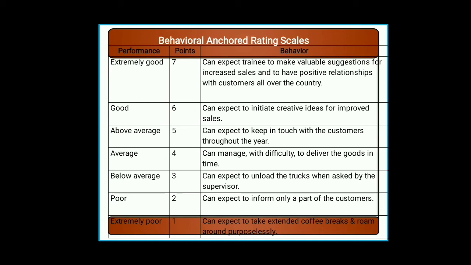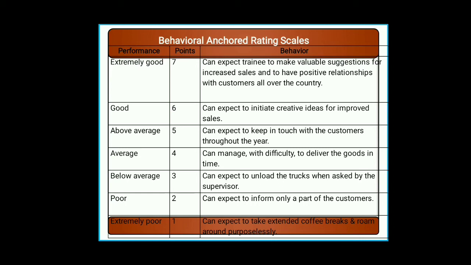Now in BARS, how is it constructed? Developing the BARS follows a journal format which combines the techniques of the critical incident method and checklist rating scale. Here are the steps. First step is collect critical incidents of employees. Then identify performance dimensions.